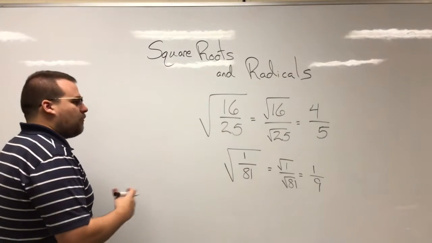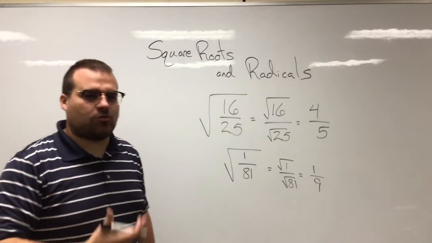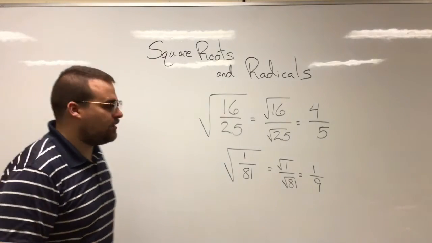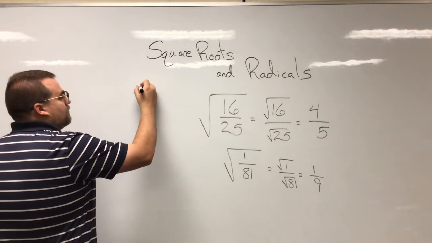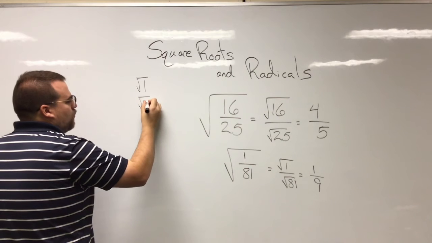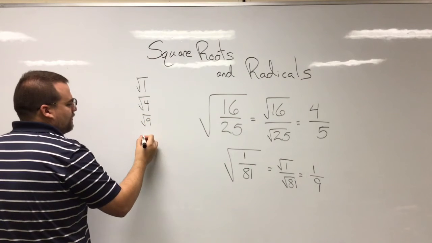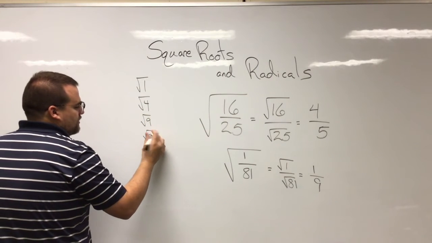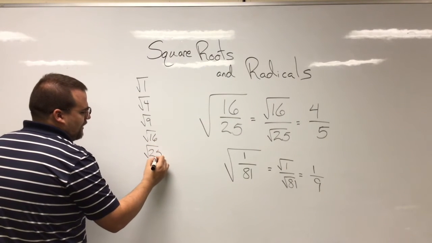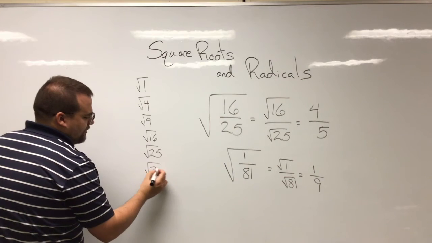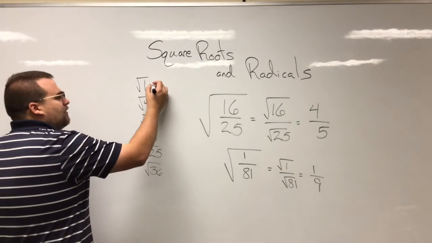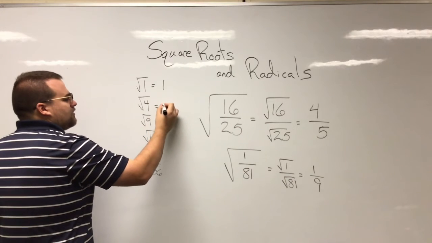Before we end the video, I want to go over just our common square roots, the stuff that you're probably going to see more often than most. If we have something like the square root of 1, the square root of 4, 9, 16, almost skipped that one, 25, 36, there's a few more, but I'll stop there. Now you may recognize these numbers.